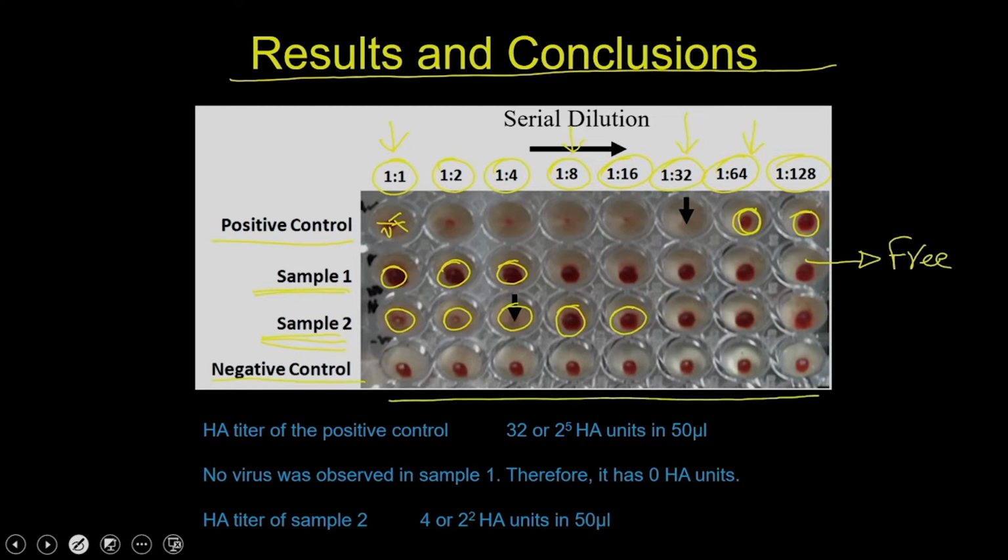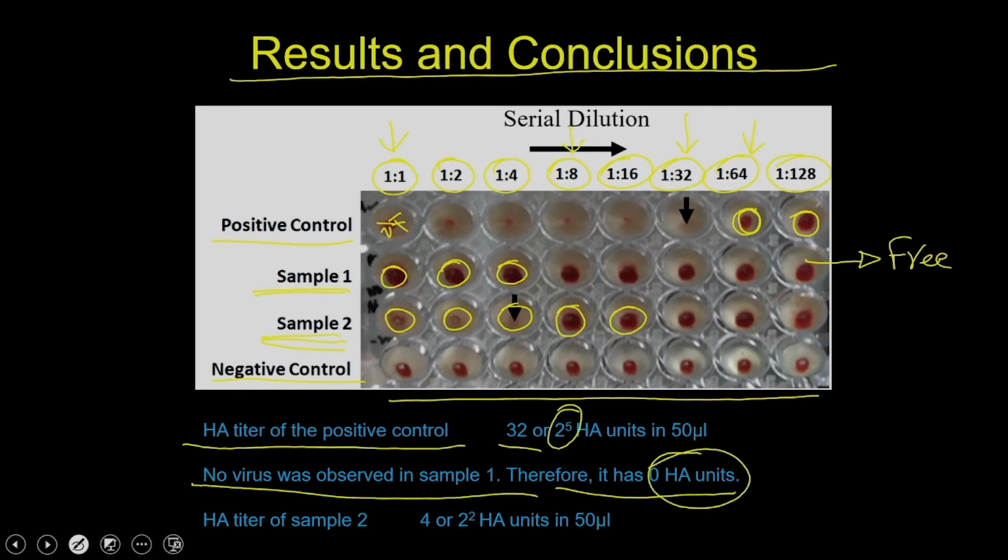So, what you see is that the hemagglutination titer of the positive control is 32 or 2 to the power 5, whereas no virus was observed in sample 1, therefore it has 0 HA units, and the HA titer of sample 2 is 4 or 2 to the power 2, in 50 microliters.